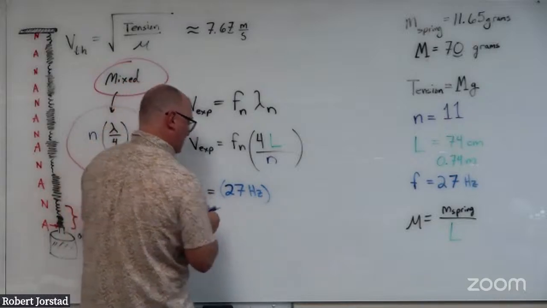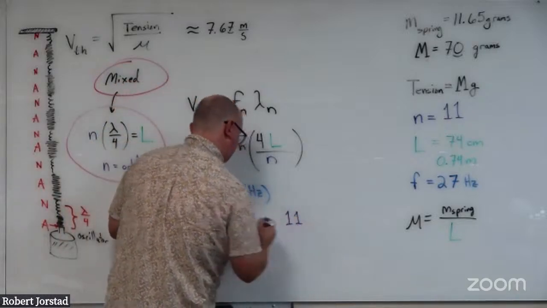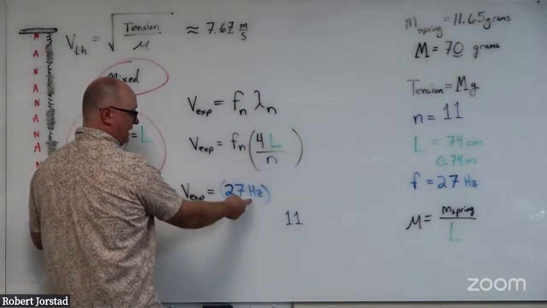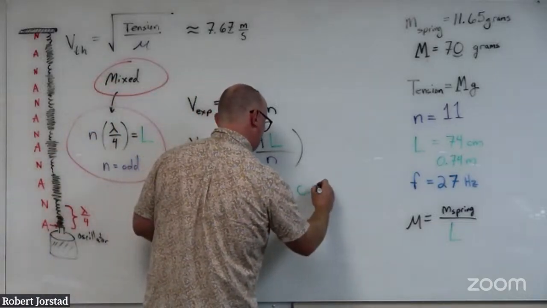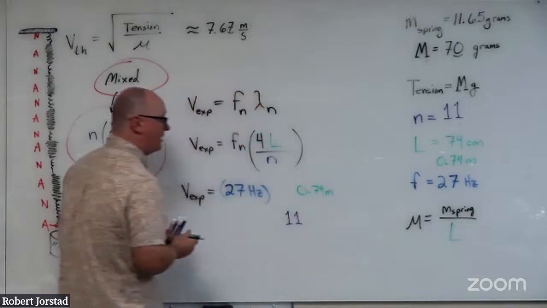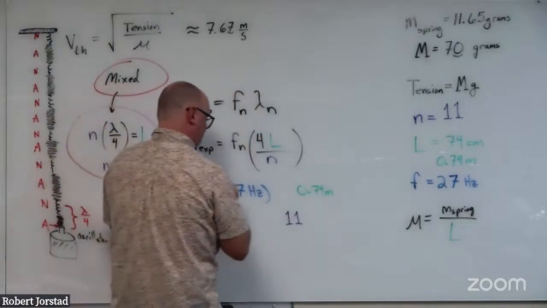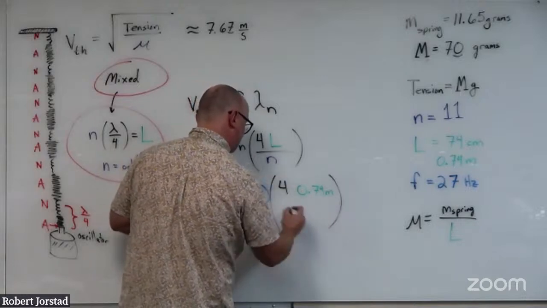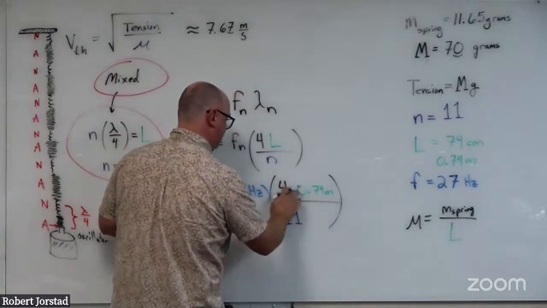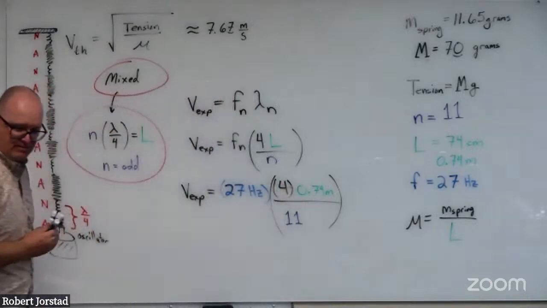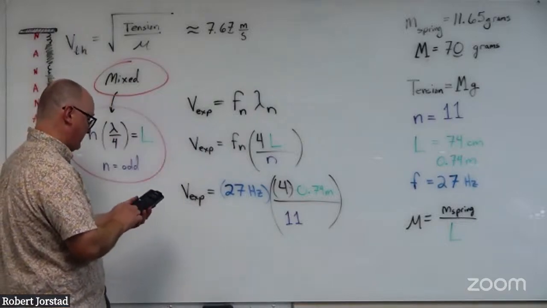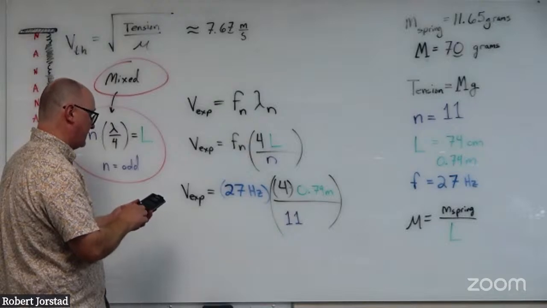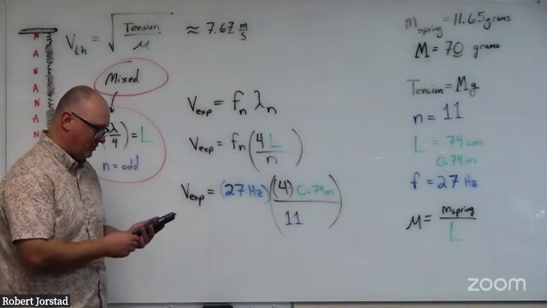We know that n was 11. And then if we want to get meters per second, we'd better use the length in meters. I think I'm forgetting something. Oh, the 4. Sorry. There we go. So let's punch all this in and see what we get. 27 times 4 times 0.74 divided by 11. I got 7.27.